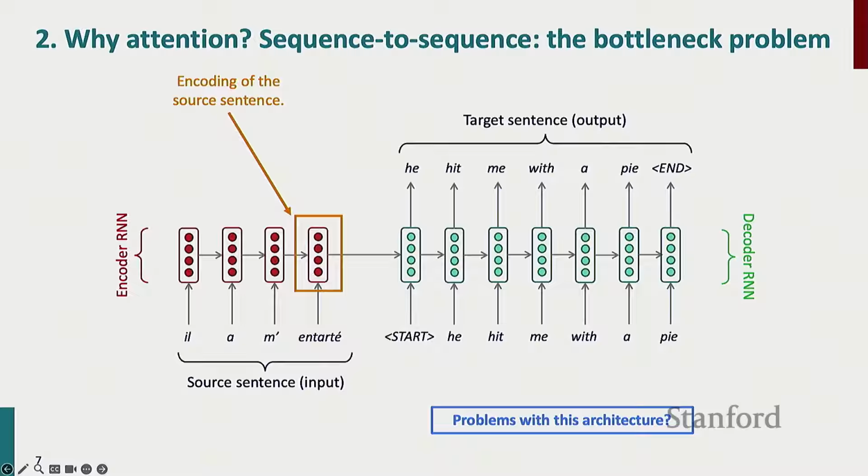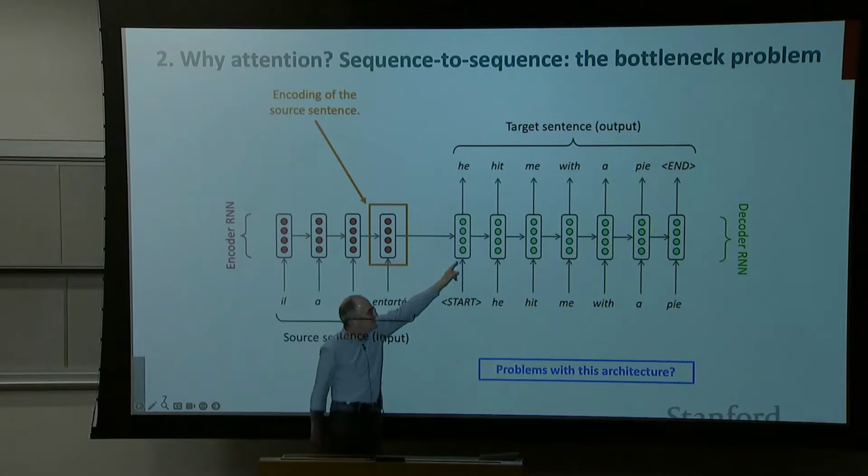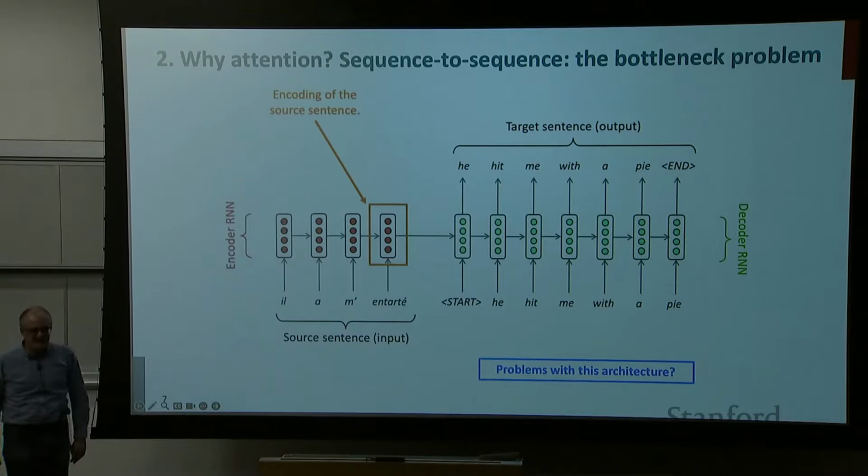So the idea of what motivated attention was looking at exactly this kind of machine translation problem. So we were running our LSTM over the source sentence, and then we were using this hidden state as the previous hidden state that we're feeding into the generator LSTM for the target sentence.